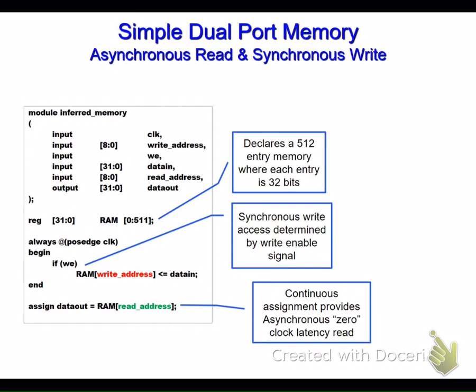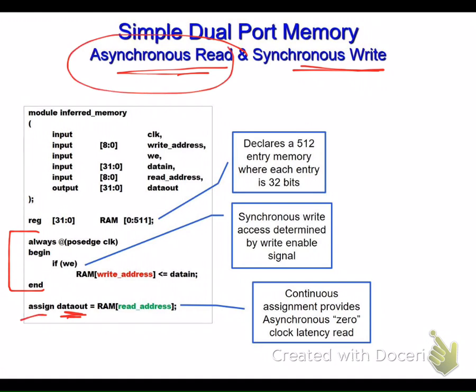How can I do the same thing, but with a synchronous write and an asynchronous read? Again, I will do the always block as I mentioned earlier. However, for the data output, which is reading asynchronously, I will assign the data output equal to the address that I'm pointing to.